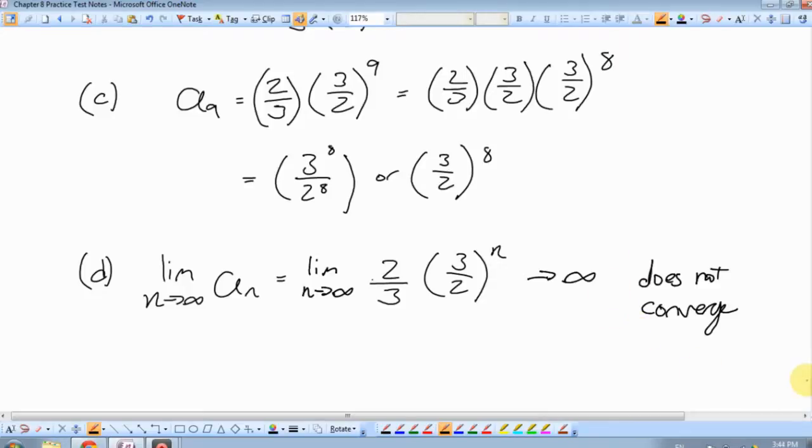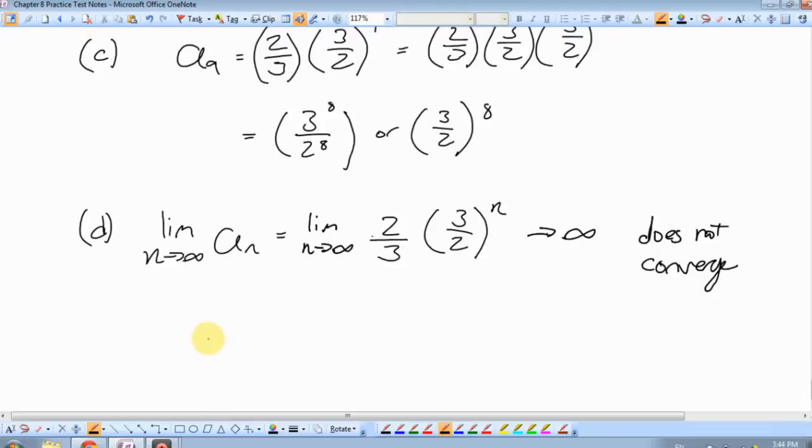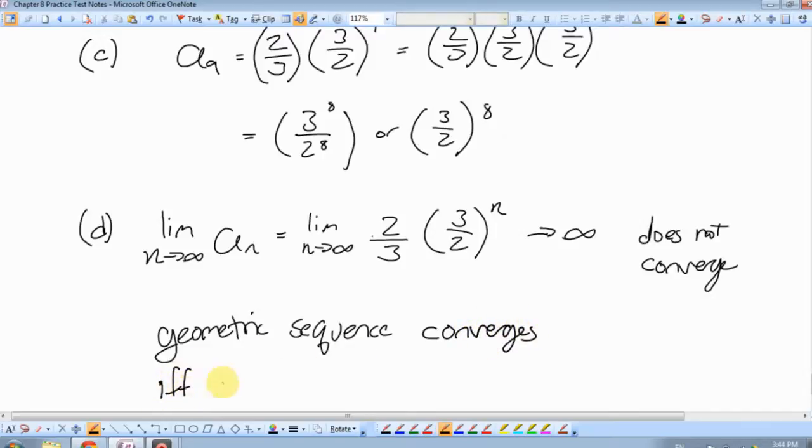A geometric sequence only converges if and only if the absolute value of the ratio is strictly less than 1.